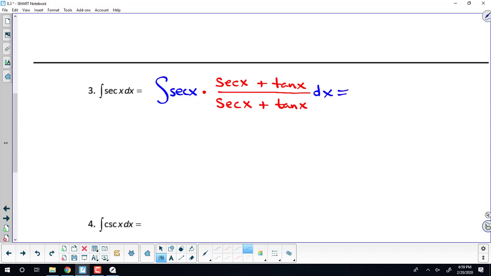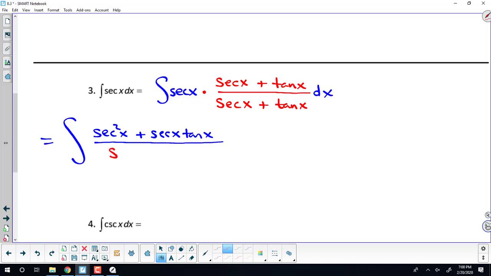However, when we multiply out the top, we have the antiderivative of secant squared plus secant tangent, all over that secant plus tangent. So now maybe it makes a little bit more sense.